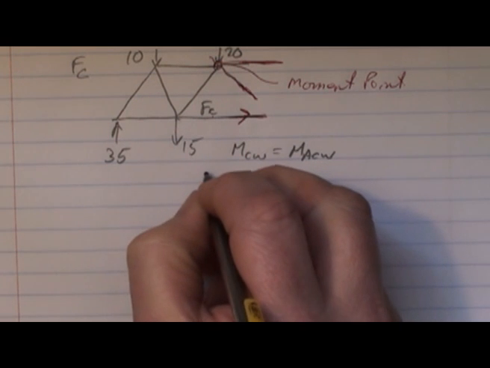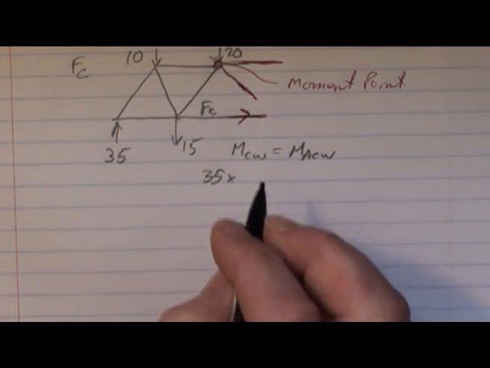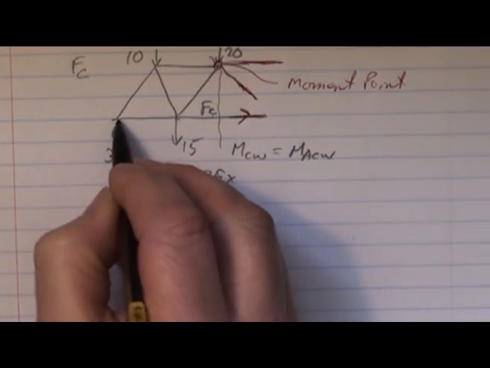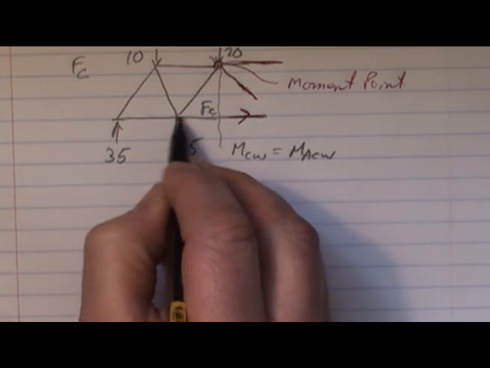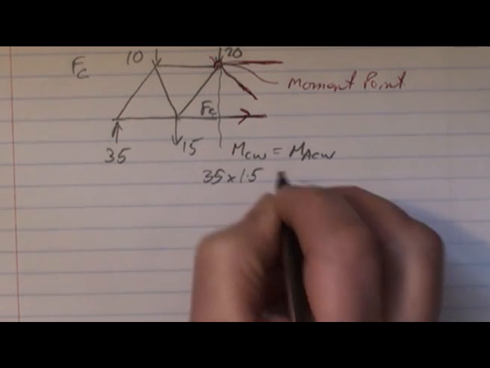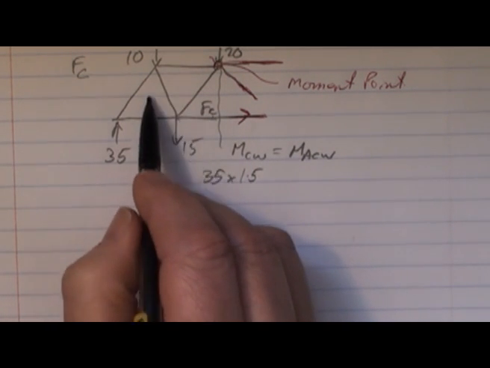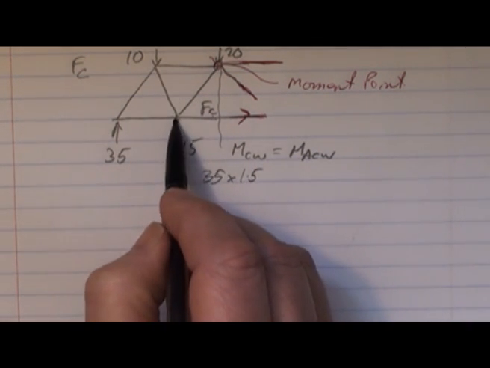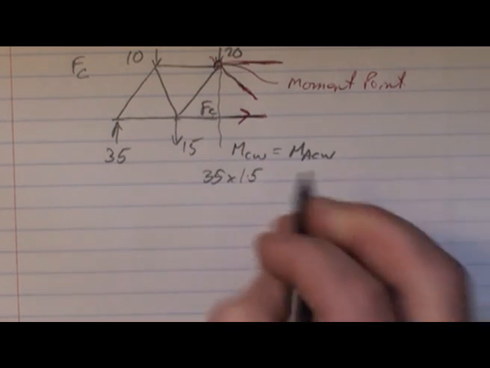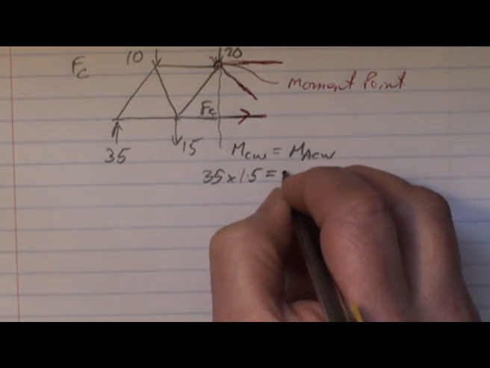Moments clockwise will be 35 times this distance, which will be 1.5 meters, and that's it. That one's anti-clockwise, that's anti-clockwise, and FC is anti-clockwise. So we'll put these on this side.